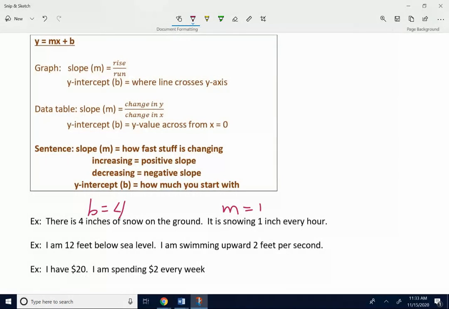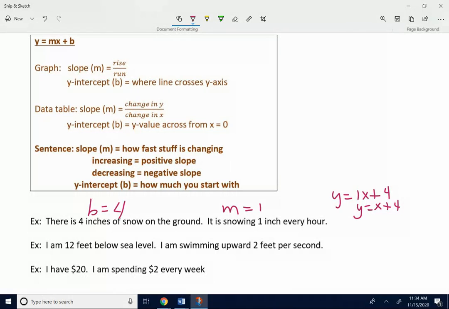The amount of snow is increasing on the ground 1 inch per hour, so it's a positive 1 slope. So the equation for that sentence would be y equals 1x plus 4, or y equals x plus 4.